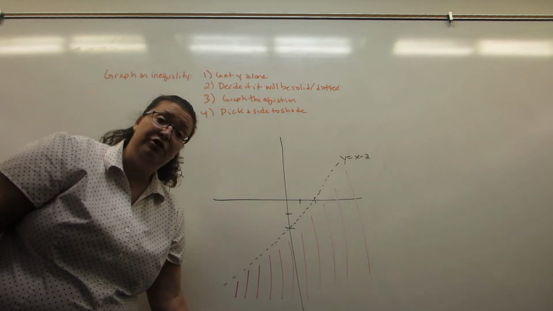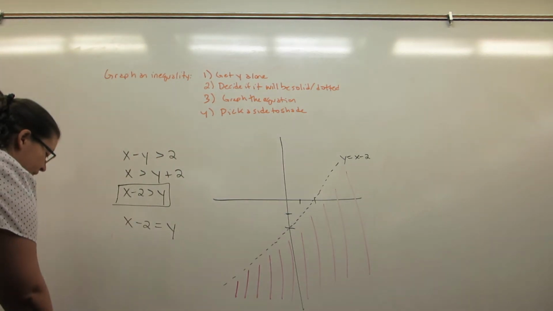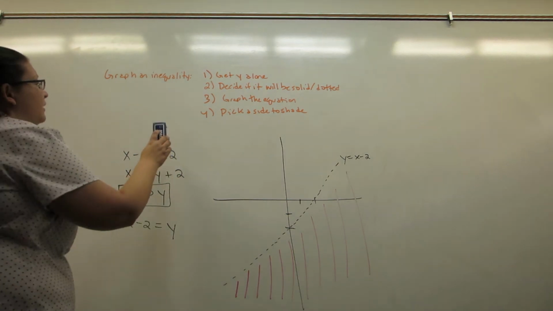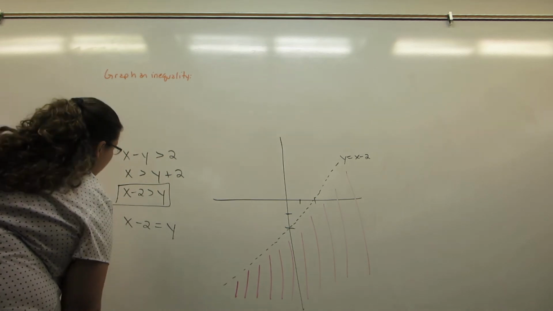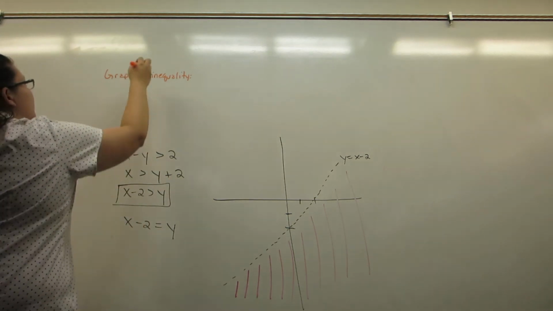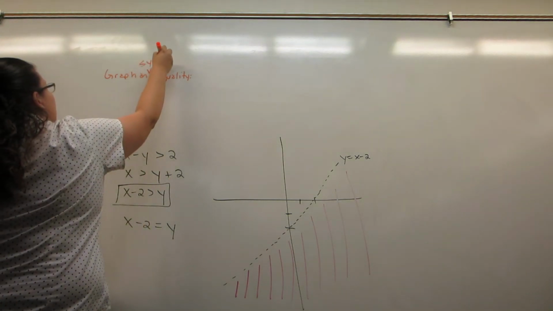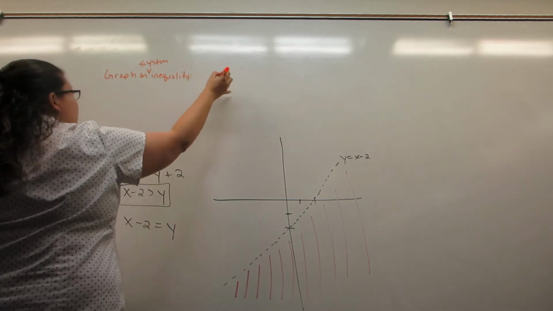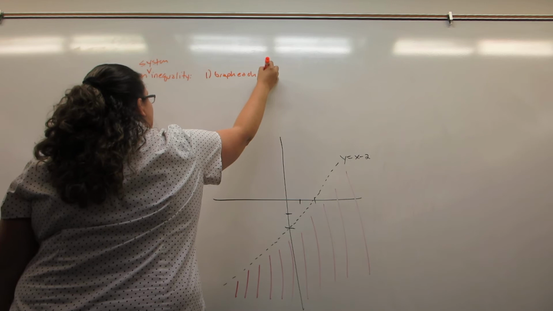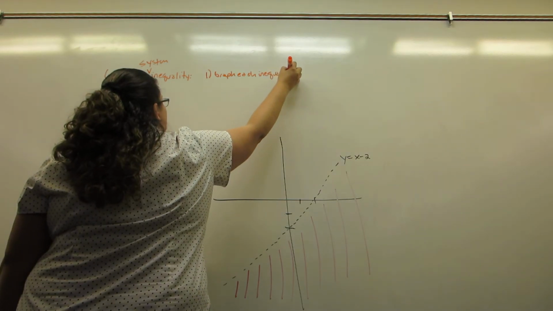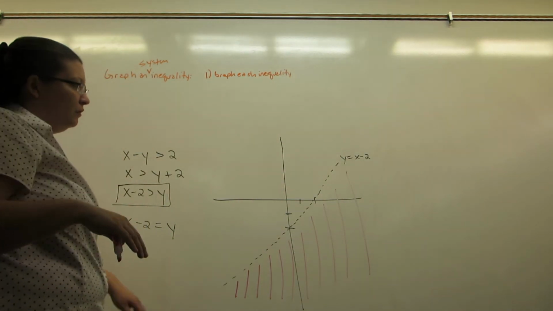Now, we're actually interested in graphing systems of inequalities. Okay, so how is that going to change things? First of all, we're going to graph each inequality using this method, but not yet this shading step. Okay.